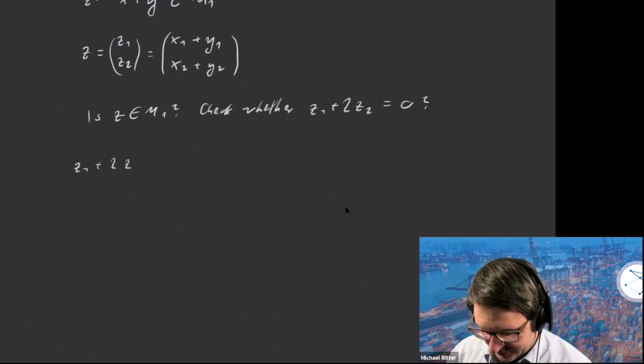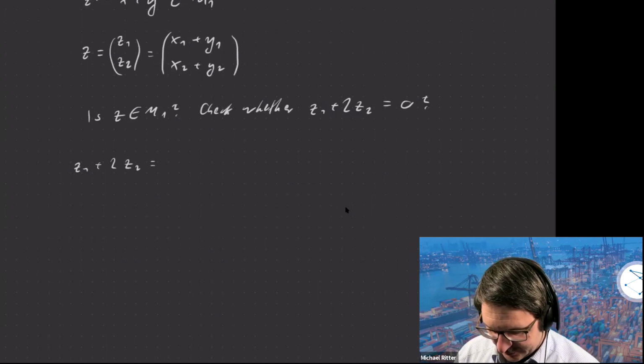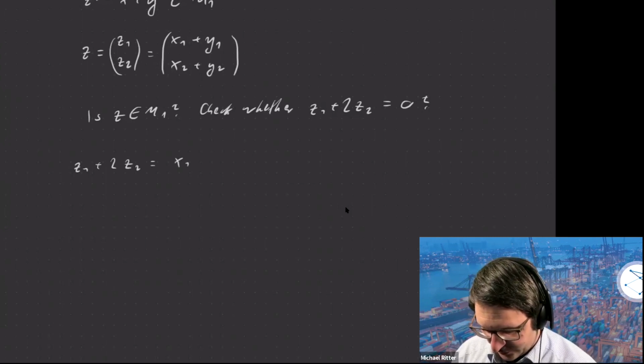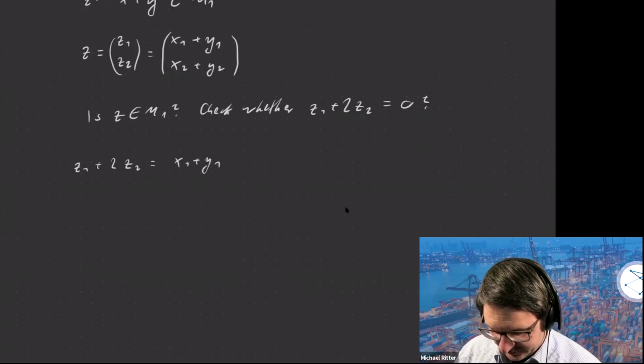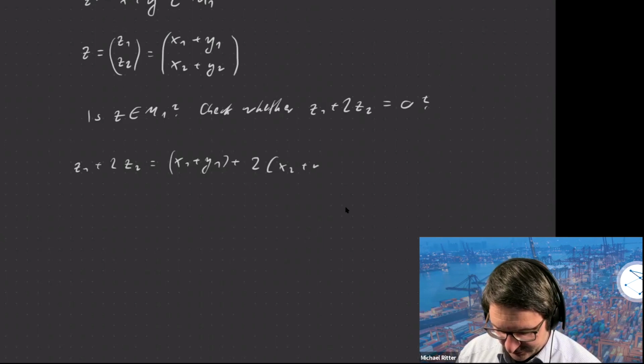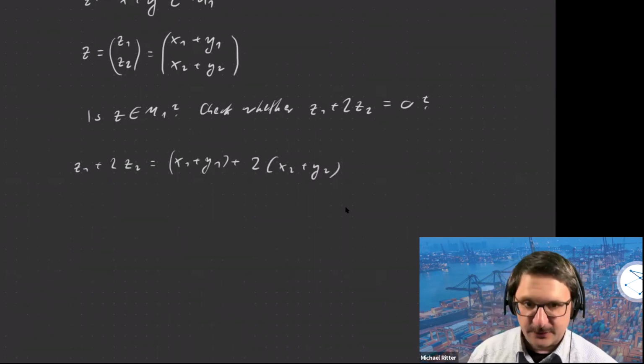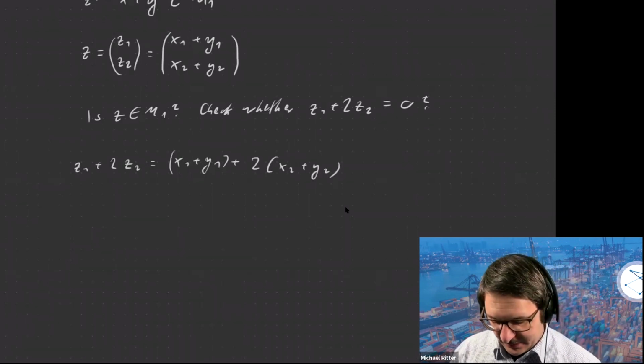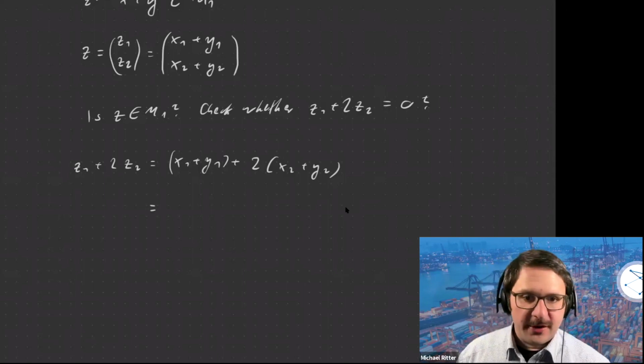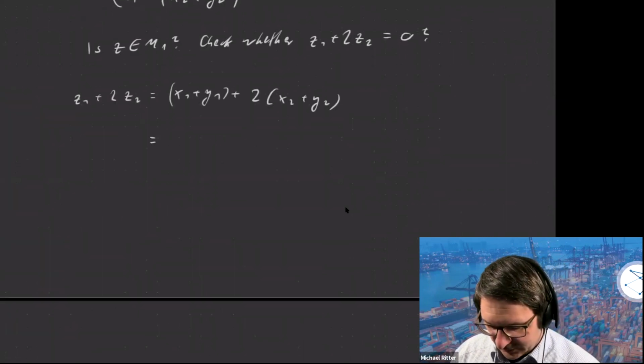C1 plus 2C2, that is equal to, well, the first is x1 plus y1. The second is x2 plus y2, so 2 times x2 plus y2. And then we can just reformulate that a little. Let's collect all the x terms first. So we have x1 plus 2x2. And then we collect all the y terms.